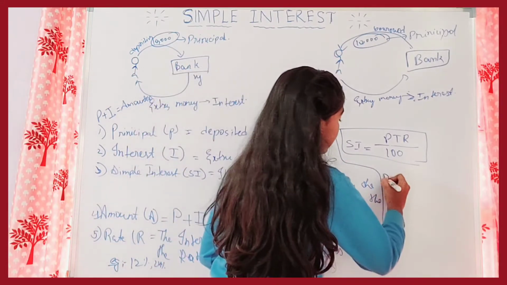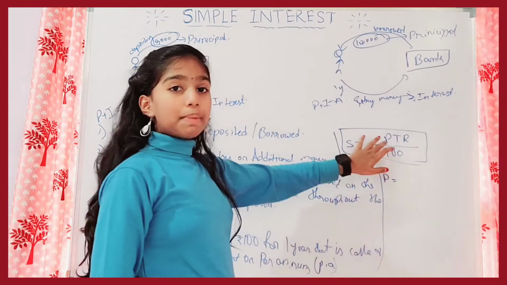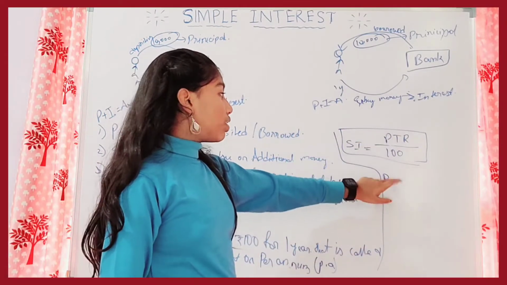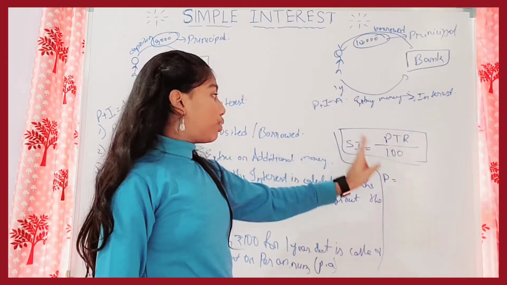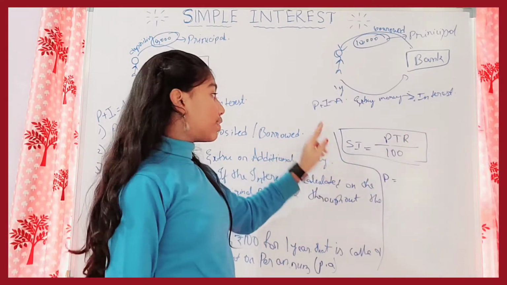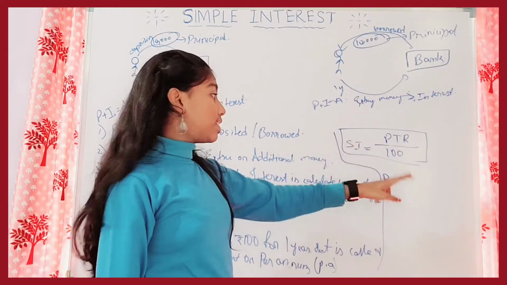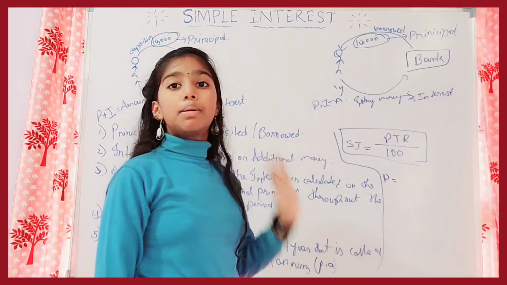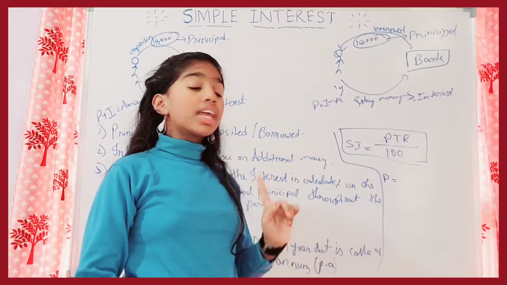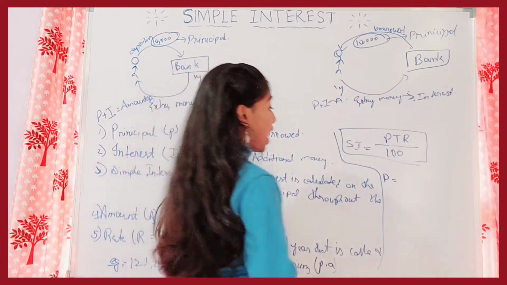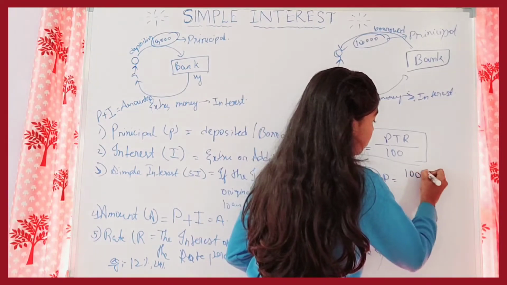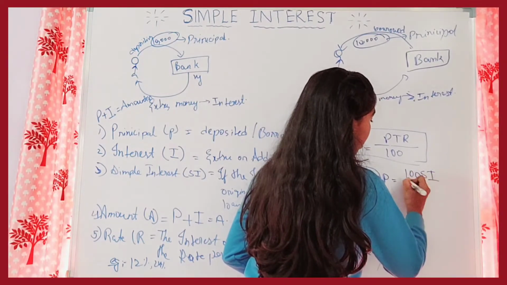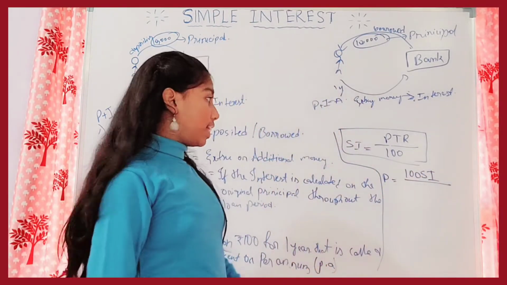P is equal to, we want the principal, P is equal to 100 into SI. When 100 is transferred to this side, it is in division, and when it comes to this side it will be multiplication. So 100 SI by what is remaining?